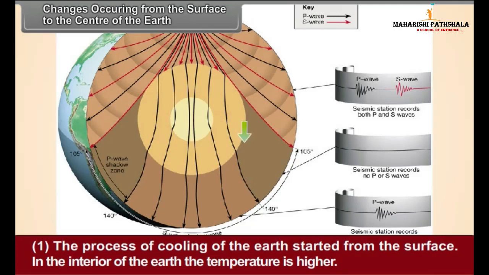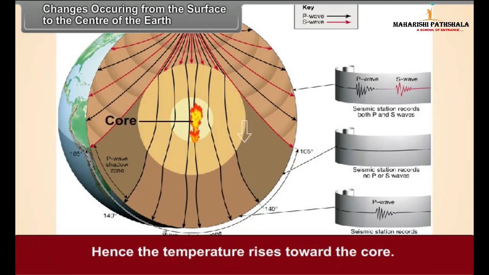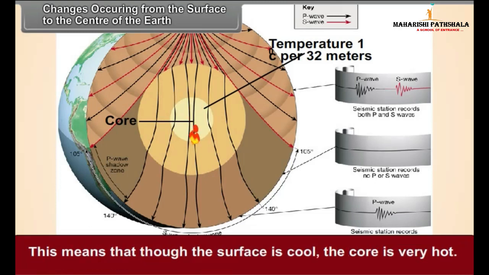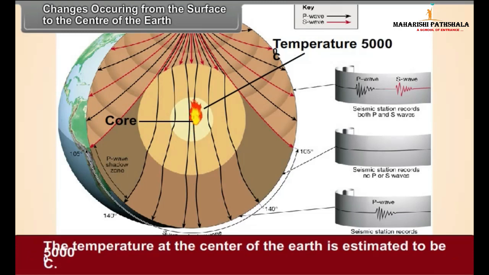In the interior of the Earth, the temperature is higher. Hence the temperature rises towards the core. This increase in temperature generally takes place at the rate of 1 degree Celsius per 32 meters of depth. This means that though the surface is cool, the core is very hot. The temperature at the center of the Earth is estimated to be 5000 degrees Celsius.